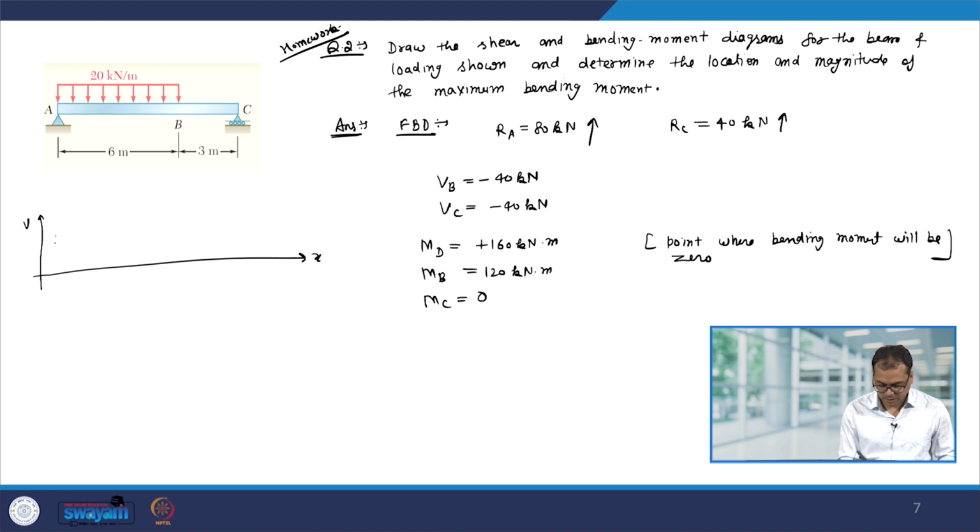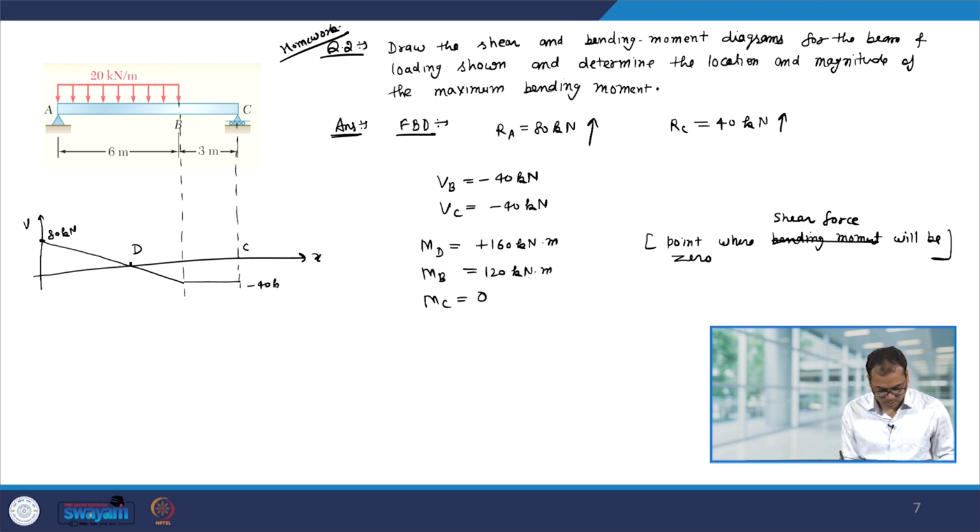So, let me plot V. So, point D is the point where the shear force will be 0. So, let me just plot this. So, this is the point, let us call it D. Okay. Here the value will be 80 kilonewton, and then it will look like this.